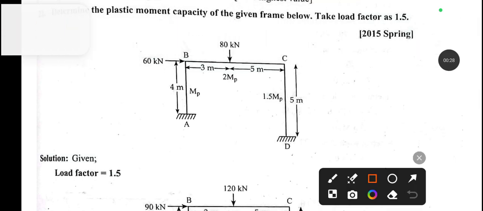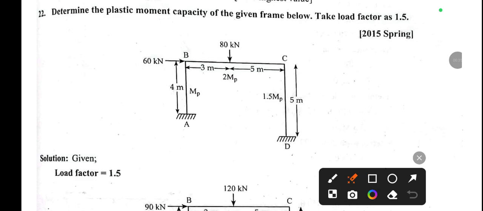You can see the first one, this 80 kN load, is acting on this BC span, and another external load, that is 60 kN, is acting from this point B. So due to this 80 kN on B and C, whenever load is coming from here, this will be our beam mechanism, and due to this horizontal force applied, the sway mechanism occurs.